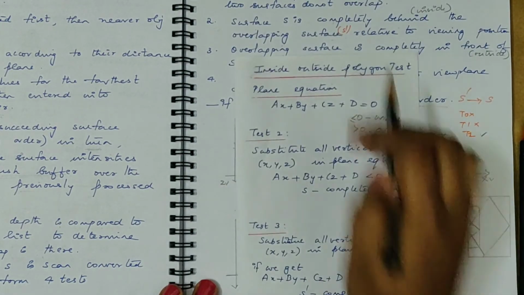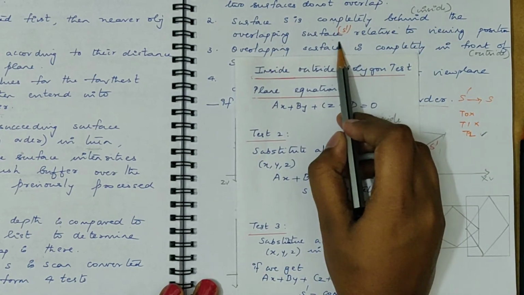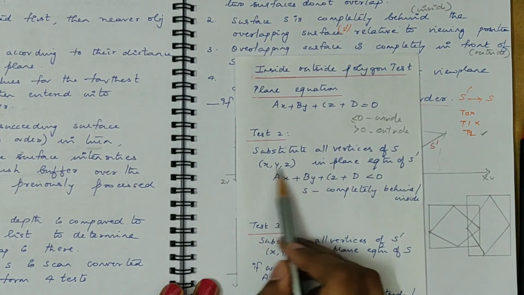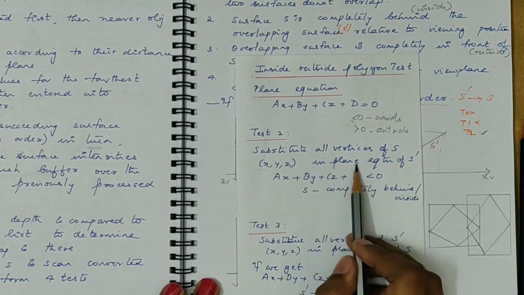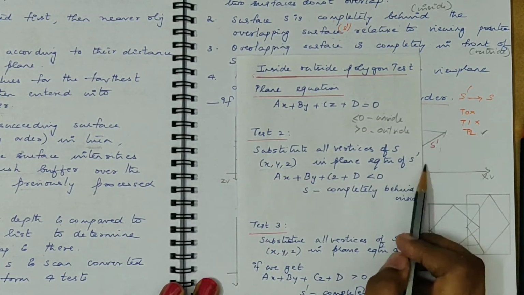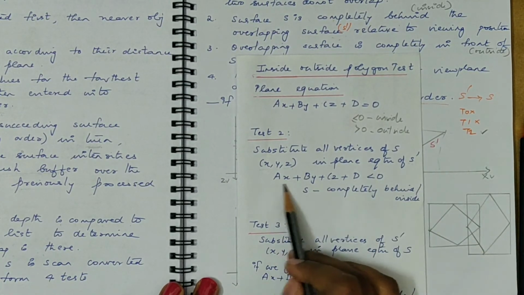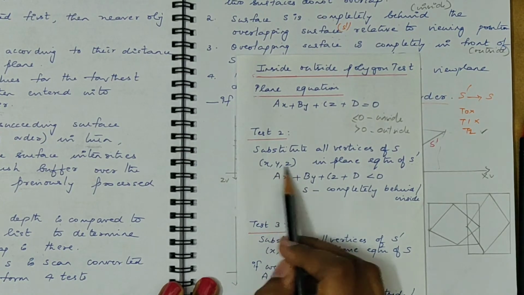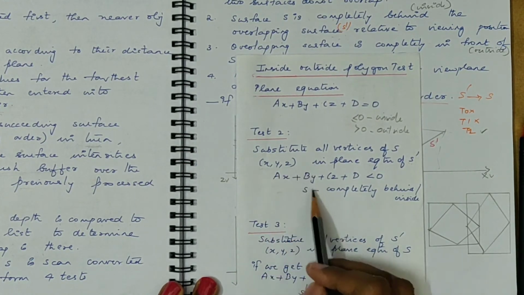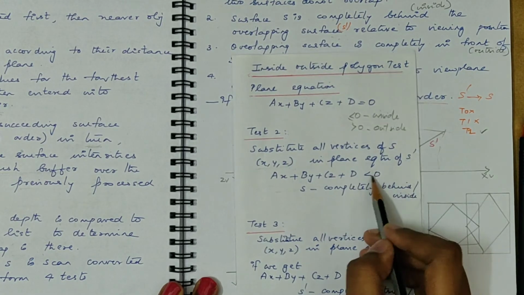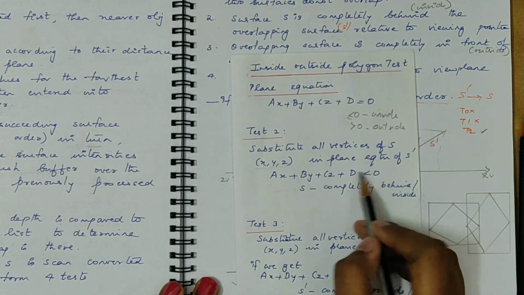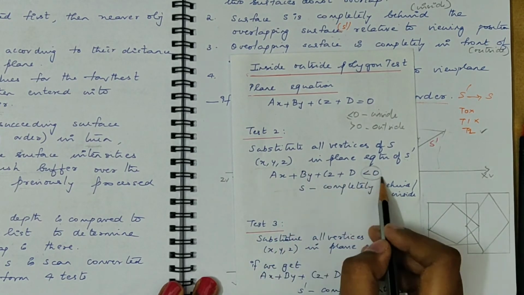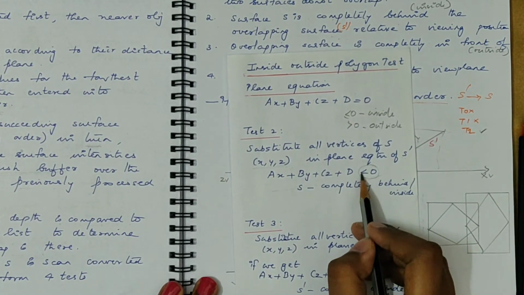In order to find out if S is completely inside S dash, what you have to do is substitute all vertices of S in the plane equation of S dash. Each and every vertex you have to take and substitute in the plane equation for S dash. The condition to be satisfied is that all the points should be less than or equal to 0.